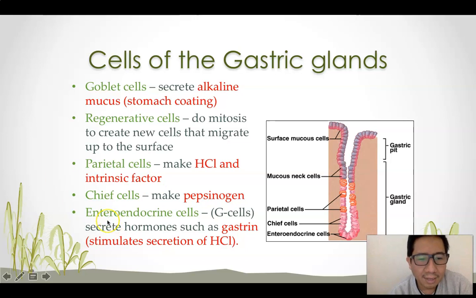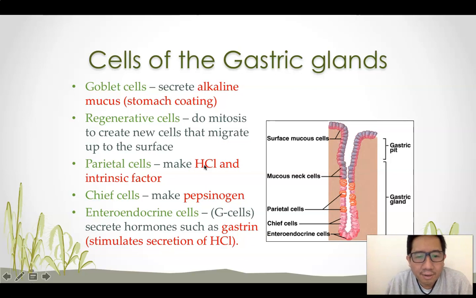Last cell is called enteroendocrine cell or G cell. G cell, not G string, but G cells. What does it do? It produces something called gastrin. So G for gastrin. What does gastrin do? Gastrin stimulates hydrochloric acid. So gastrin helps you make more hydrochloric acid.